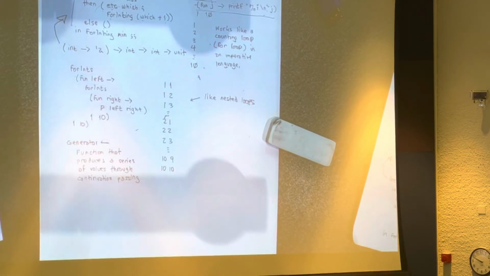Okay? So in other words, it generates a series of values. And we can arrange then for the continuation to do whatever we want with those values. Okay, that's just terminology.